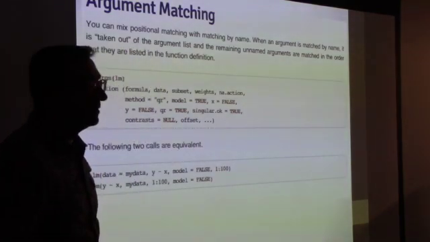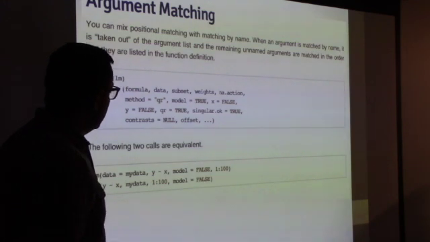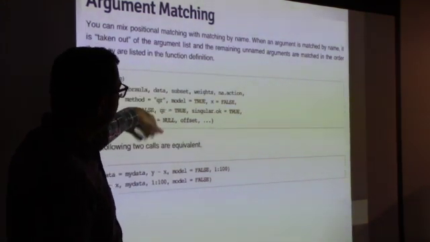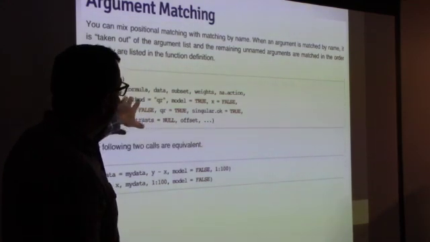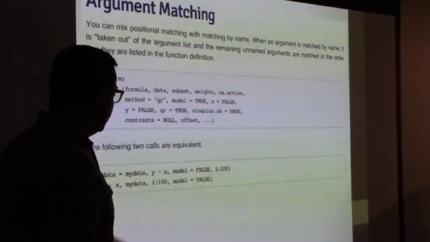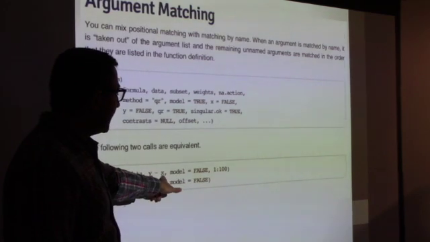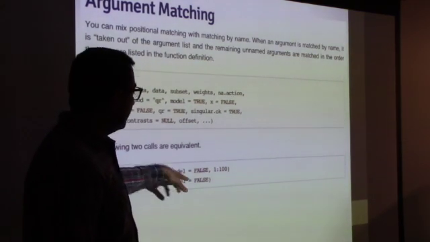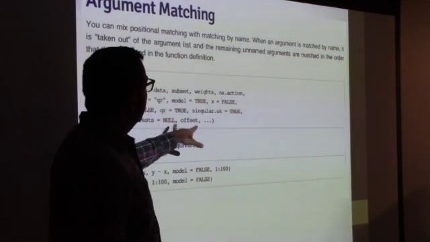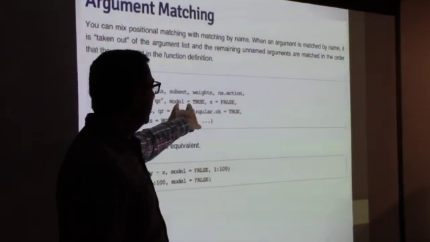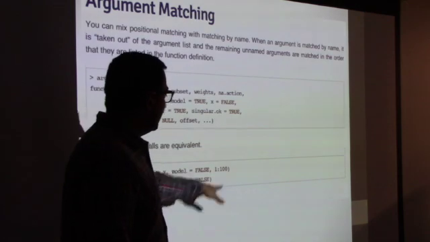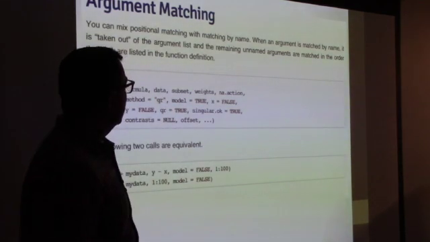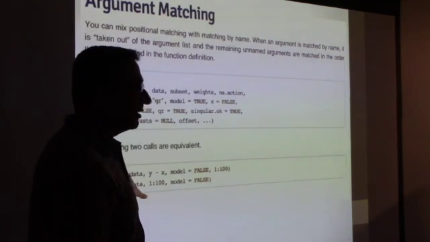Okay. So what this means is that if I have a named argument, I pull it out of my list, so data is gone. So what is left? Formula, subset, weights. So the next thing is y tilde x, that gets assigned to formula. Okay, what's the next thing? Model is false. So model is right here. So remove model. Then 1:100. Where would that go? No, data is already my data. That's gone.